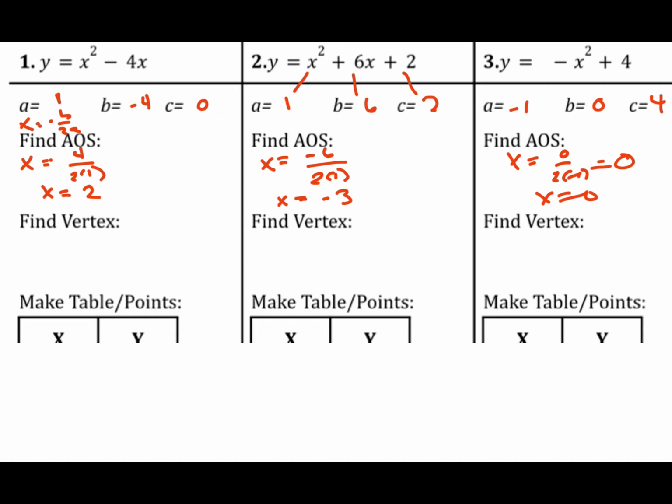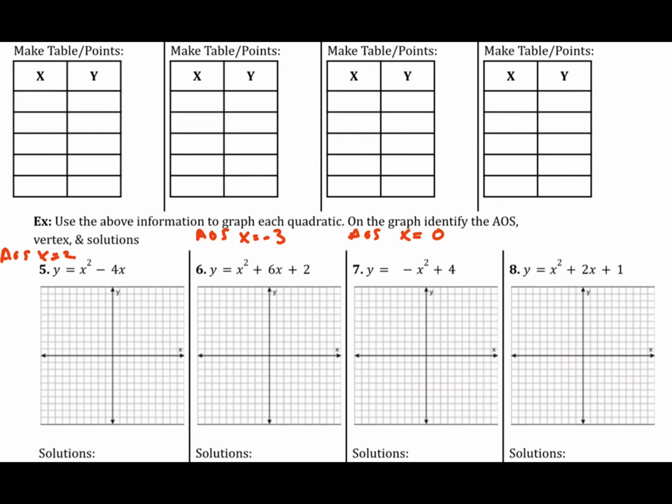So let's go ahead and go over to our graph and graph those three axes of symmetry. And we're going to graph them as dotted vertical lines on those particular values. So here I have the same three equations, but now connected to a graph. And I'm going to go over to x equals positive 2 here, and I'm going to create a vertical dotted line as my axis of symmetry.